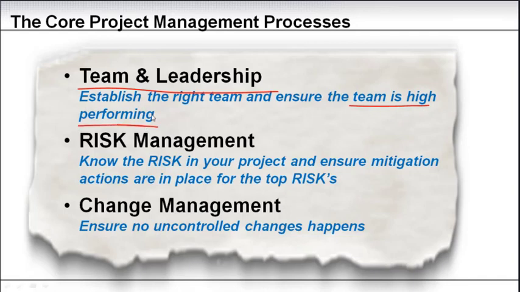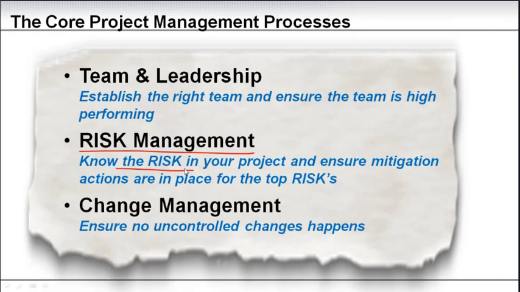Now, a high-performing team is difficult to get, but you need some kind of coherent, well-performing team. Otherwise, you're doomed at the beginning. Hopefully, by following our advice earlier for establishing the team, you will be able to build a high-performing one. Second one, risk management. You need to know from the beginning what the risks in your project are.